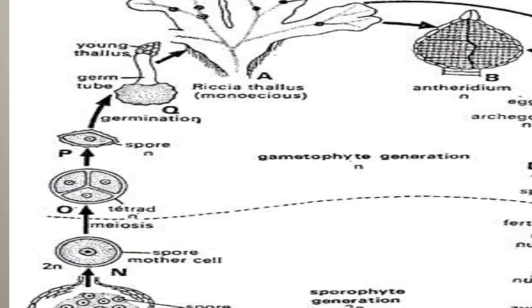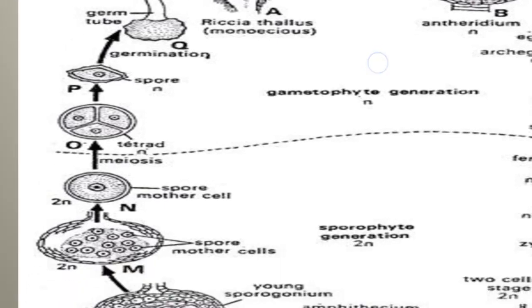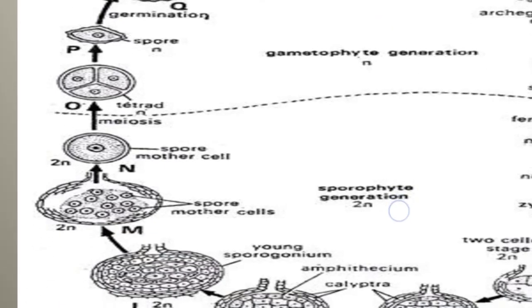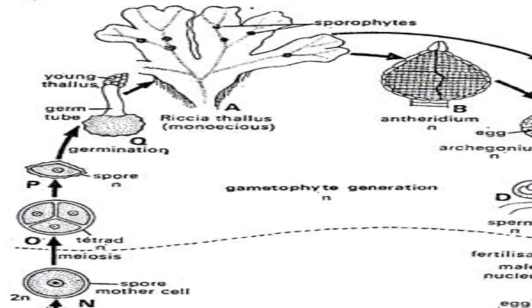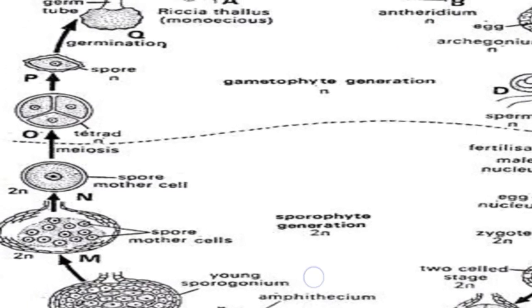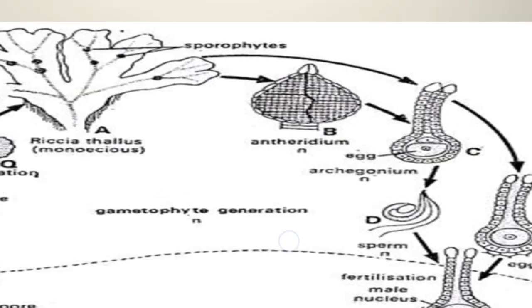So here you see that the gametophyte converts into sporophyte, and the sporophyte converts into gametophyte, and this is called alternation of generation. And you can observe that the gametophyte only produces food, so the sporophyte is totally dependent upon the gametophyte.